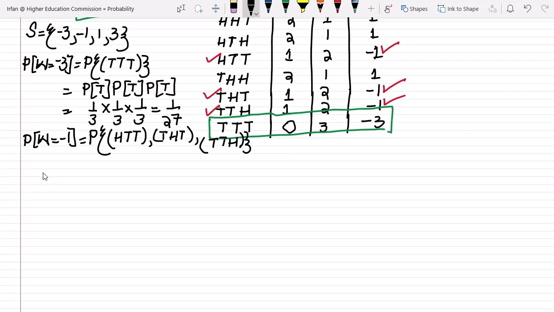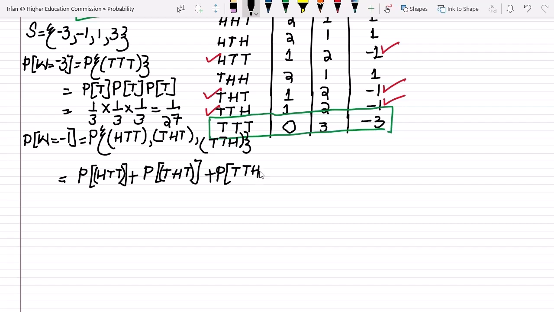We can write them here. Either I will have the event of heads, tail, tail, which will give me -1, or wherever in probability I get this "or", I have to add them. Similarly, the probability of tail, heads, tail, and or I can have the probability of tail, tail, heads. This will be the third event. I know their values, so let me write them.